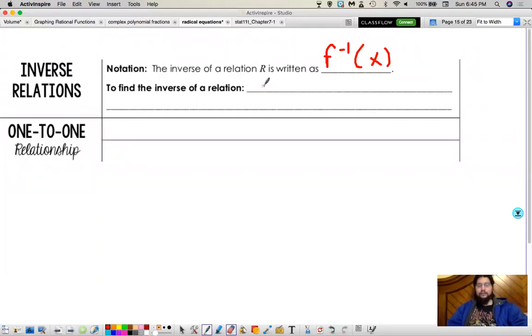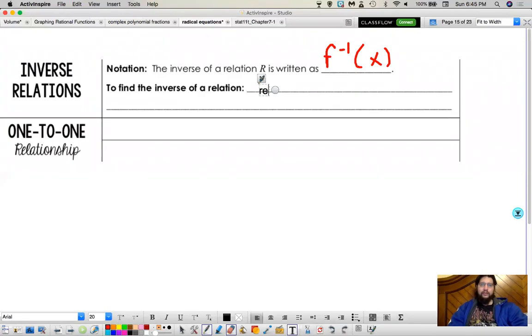To find them, it's not that bad. All you got to do is rewrite f of x as y. It's probably going to be in function notation, so rewrite it as y. Then you swap x and y.